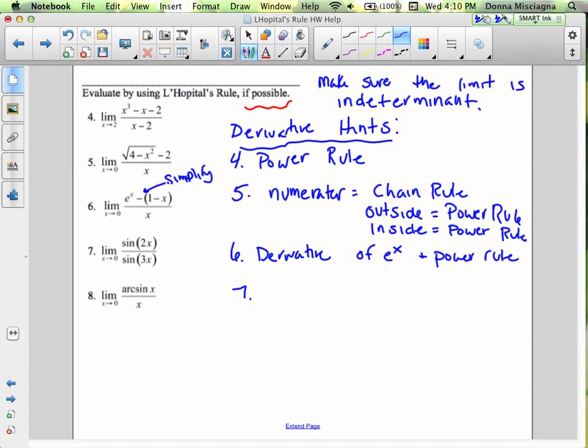Right? So they may all be here, and actually they do look like they're all indeterminate from the first 5. But I'm going to give you hints. However, you make sure the limit is indeterminate first. All right, that's key. And the derivative hints are if the derivative is indeterminate.